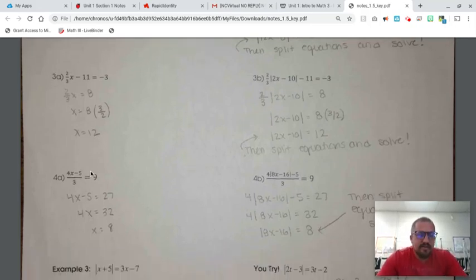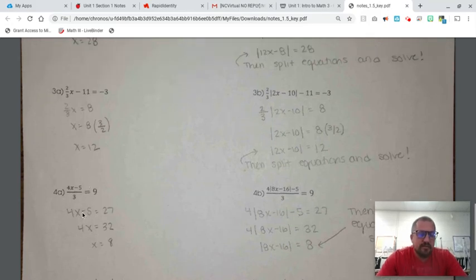And then our last equation here is at the bottom: 4x minus 5 over 3 equals 9. The first thing you would want to do is get the 3 off of the bottom of the fraction, so you multiply by 3. That gives us 4x minus 5 equals 27.